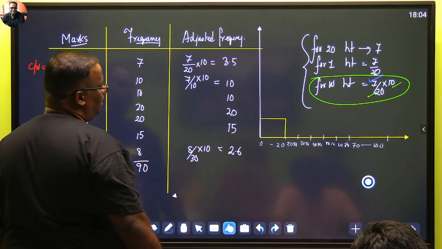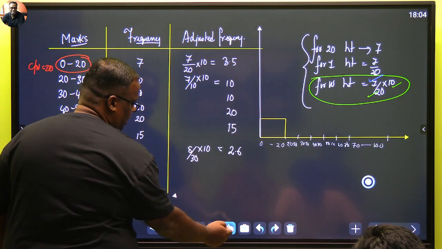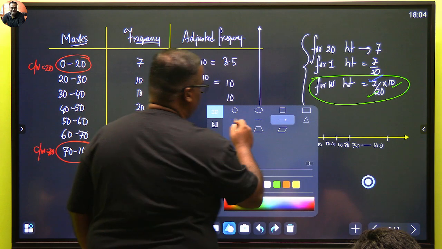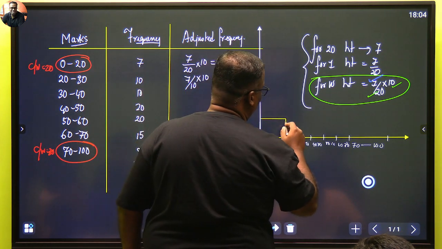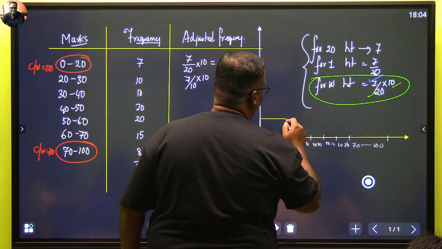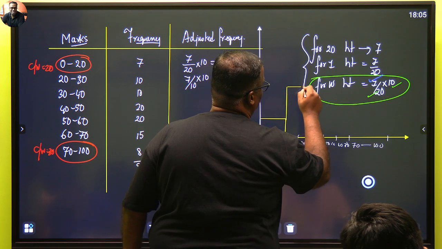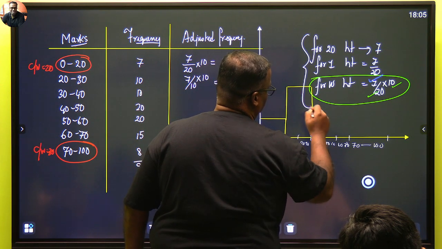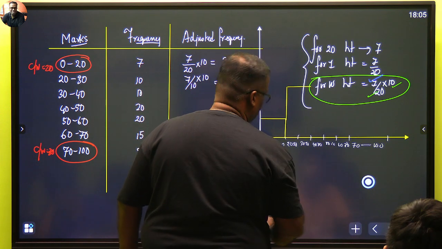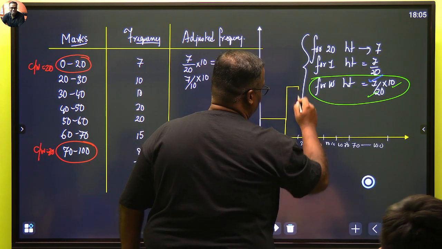What is the next one? 10. So let's make it 10 now. 10 के लिए 10 मतलब 3.5 का डबल करेंगे, कितना हो गया? 7 और एक थोड़ा इतना सा 10. ओह ज्यादा आ गया. So this is 10.